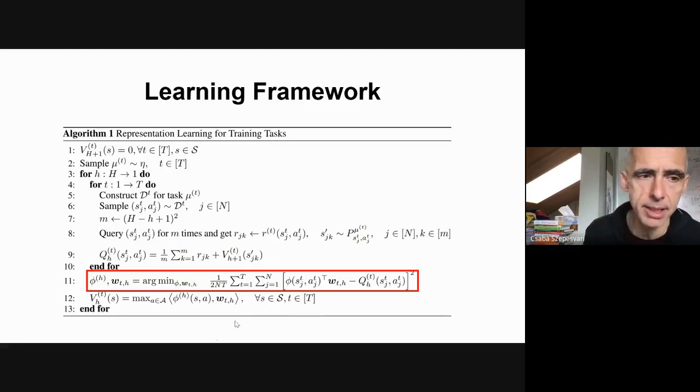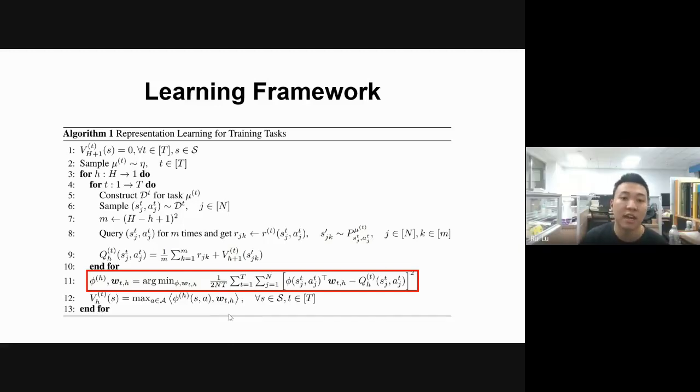If that is a big class, then we don't expect much success. So as Gergely was saying, if you don't have any restrictions on all the phi's, this would be like filling a matrix that has S A by D entries. And if S is huge, then this is a hopeless task. So you would need to make some assumptions that this phi belongs to some more restricted class.